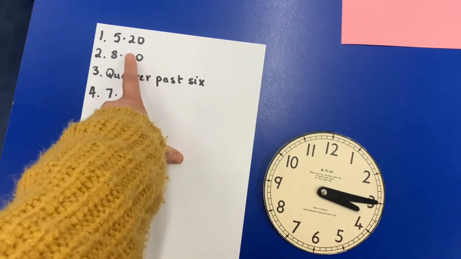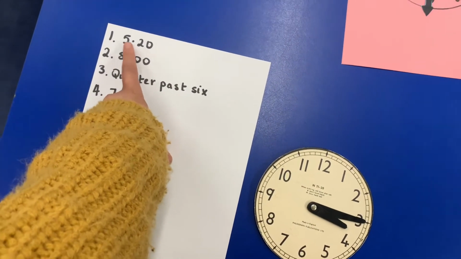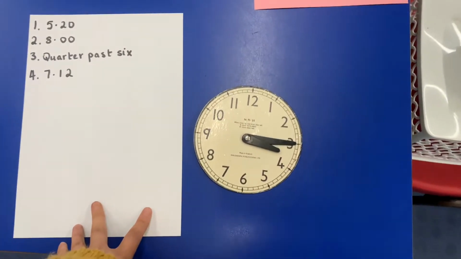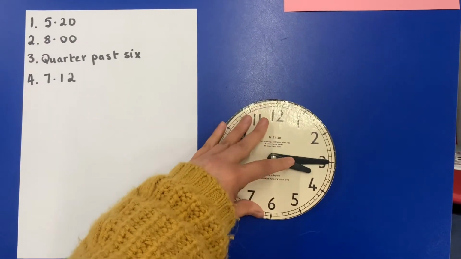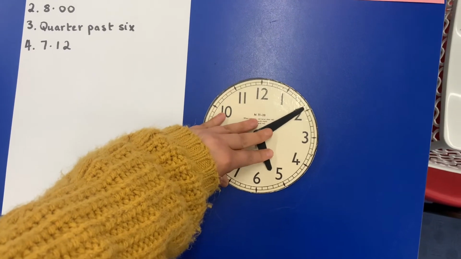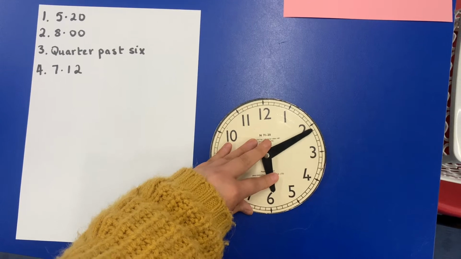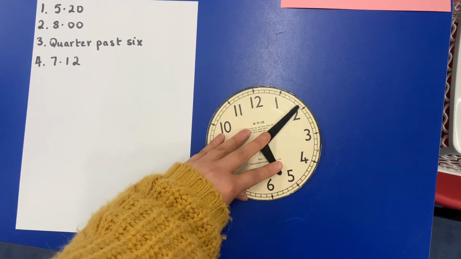The first one that I've got here is 5:20. In digital time, we would say that is 20 past 5. Now let's look at how we would put it on our analog clock. We know it's after 5 o'clock, so we'll start off with putting our hour hand after 5. Now if it's 20 past, we know it's not close to 6 yet, but it isn't quite just 5 o'clock.